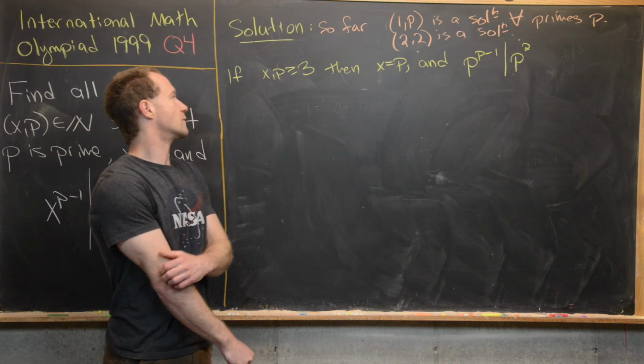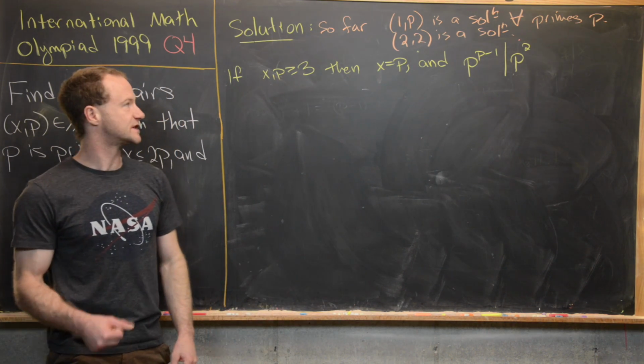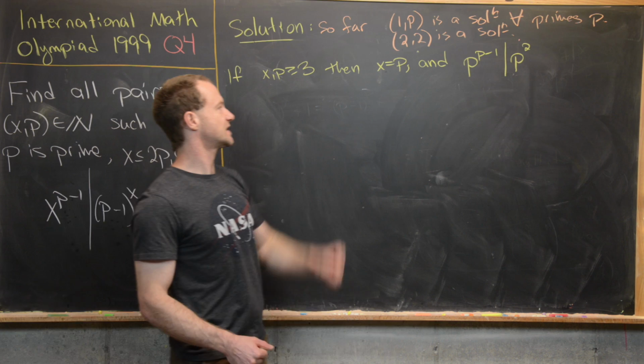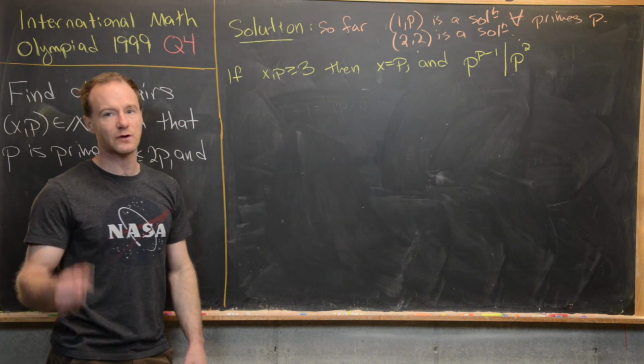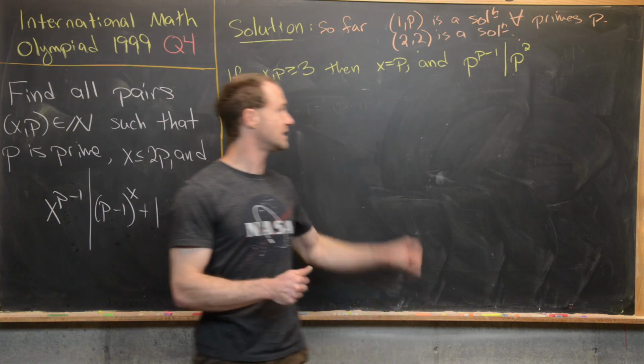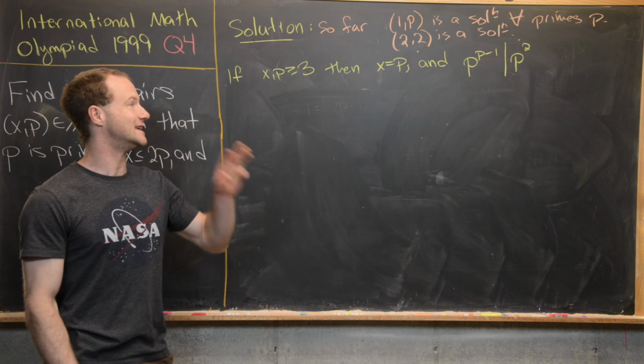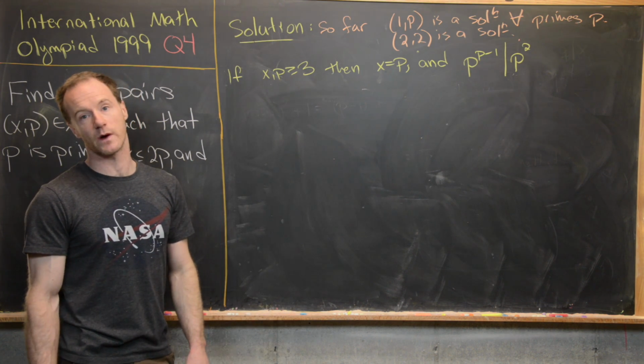So we're almost done. We've just been working hard on the case when x and p are bigger than or equal to 3. So we initially ended up with the fact that x had to be equal to p, and then via this condition right here, the divisibility, that worked down to the fact that p to the p minus 1 needed to divide p squared.